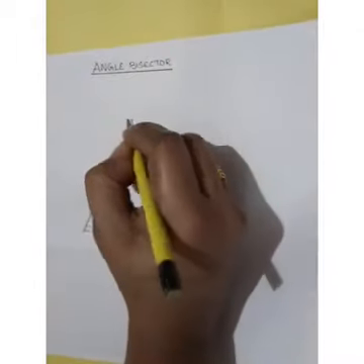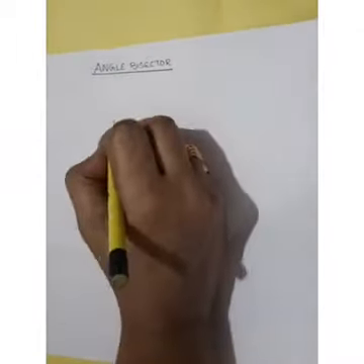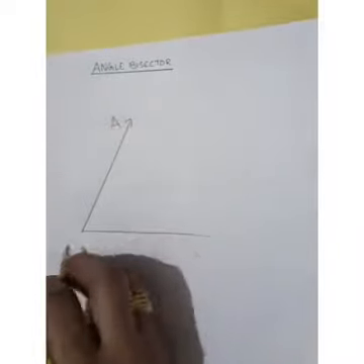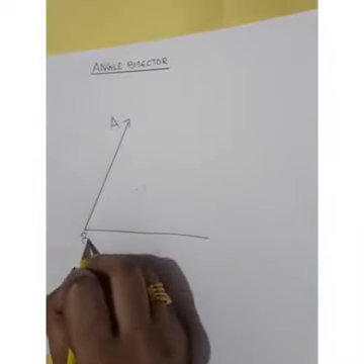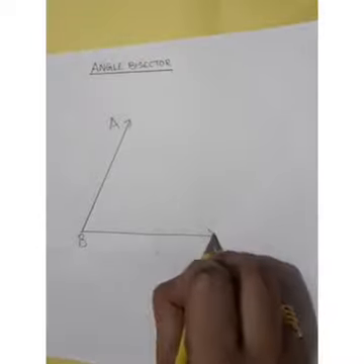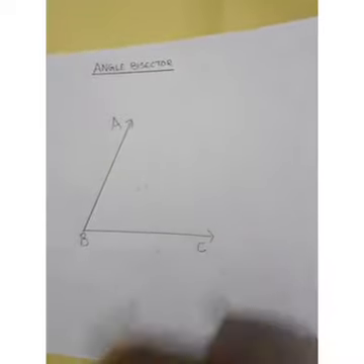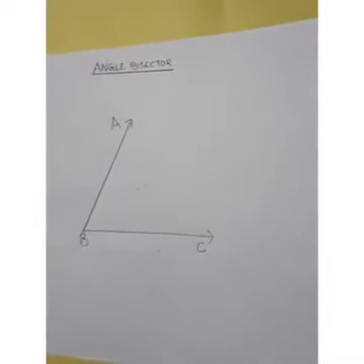Let it be angle ABC. We need to construct an angle bisector for this angle ABC.